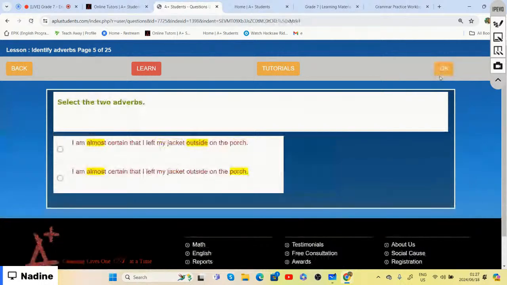We now need to select two adverbs within the sentence. The sentence is, I am almost certain that I left my jacket outside on the porch.